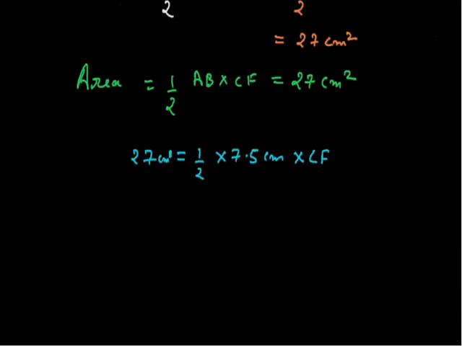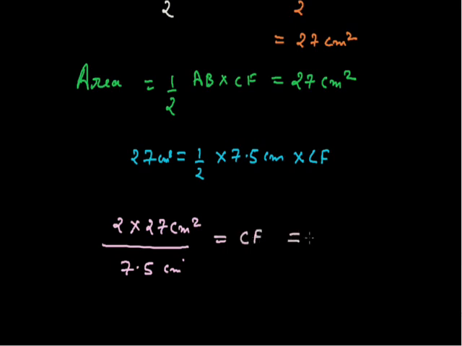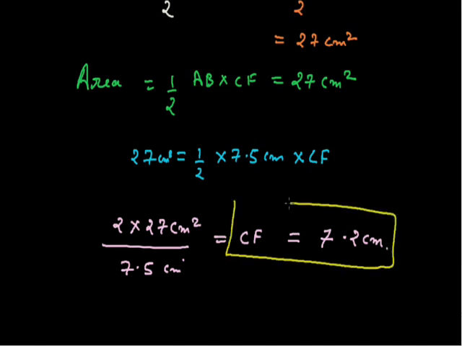Now if we calculate this, then 2 will come on this side and get multiplied by 27, and 7.5 will divide it, giving the value of CF. On calculation it comes out to be 7.2 centimeter. So in this way we can calculate the value of altitude.